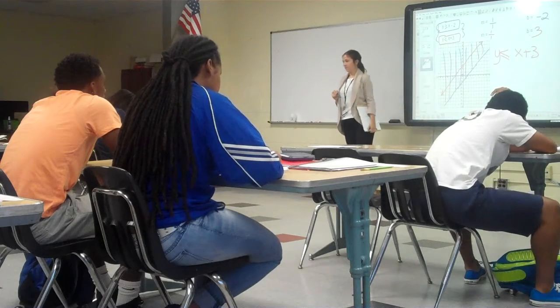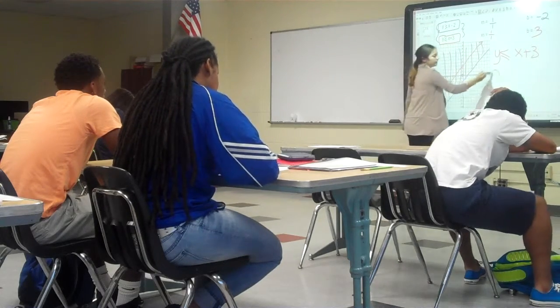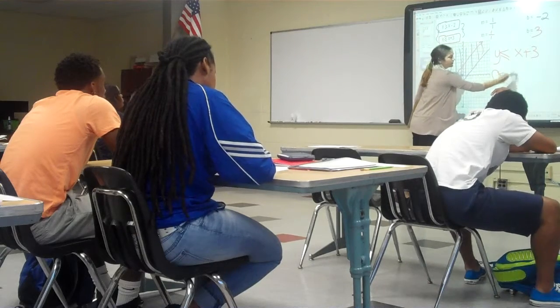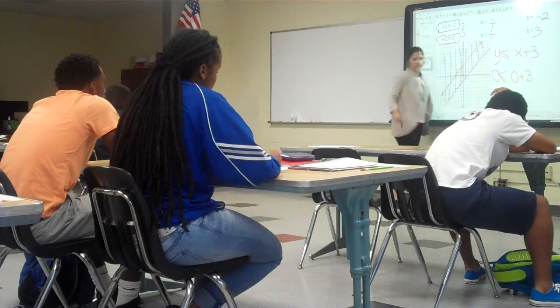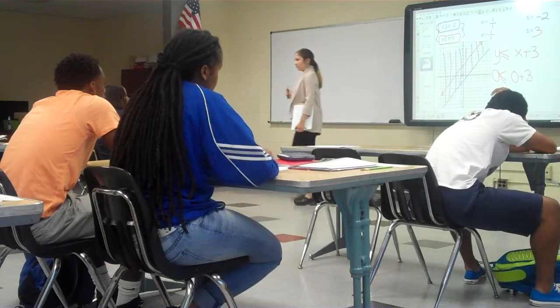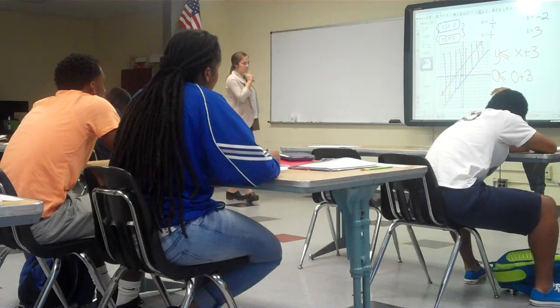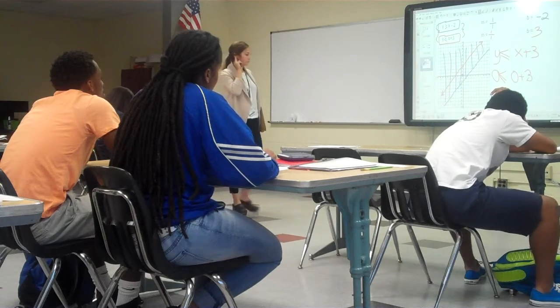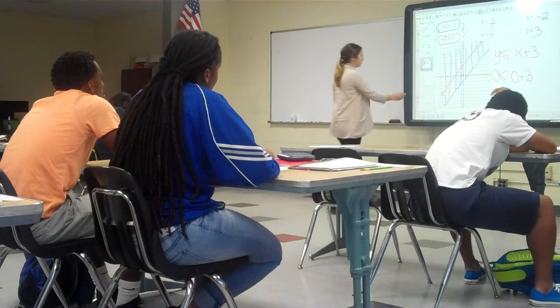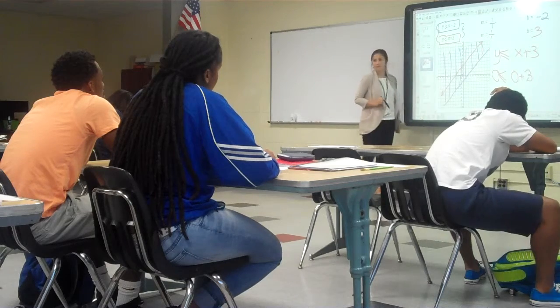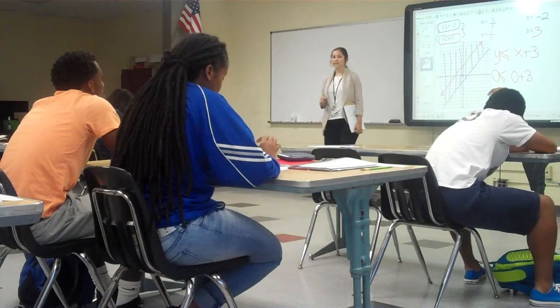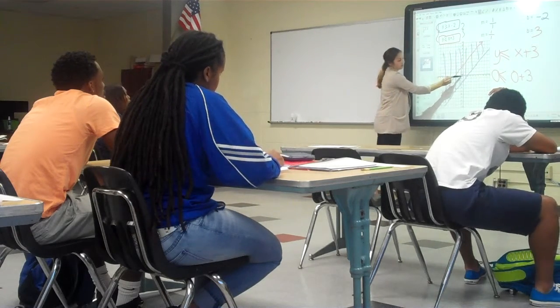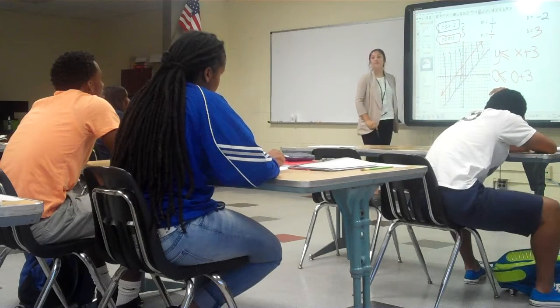So we're going to have 0 is less than or equal to 0 plus 3. True or false? True. 0 is less than or equal to 3. True. So am I going to shade up or down from that red line, we're doing 0, 0? Oh, down. Down. Good.